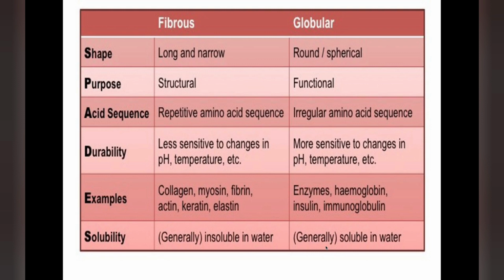Finally, regarding solubility, fibrous is generally insoluble in water, whereas globular is generally soluble in water. Read this table thoroughly and be familiar with all the terms and structures, because questions can come from anywhere in this topic.